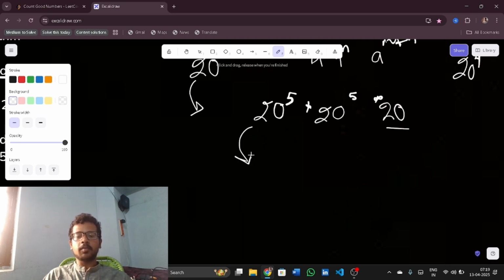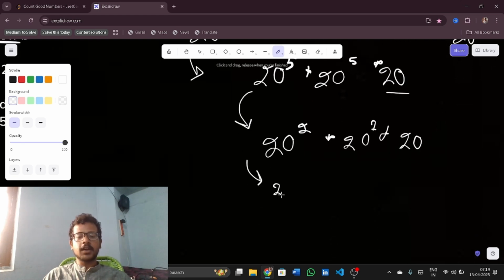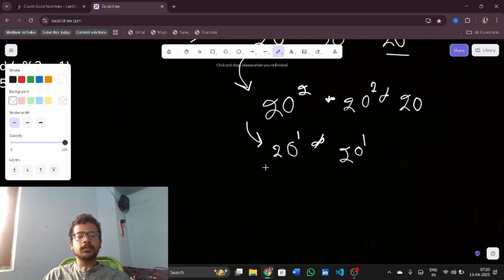Now we have 20 power 5. How can we write this 20 power 5? I can write 20 power 5 as 20 power 2 into 20 power 2 into 20. Now how can I write this 20 power 2? I can write 20 power 2 as 20 into 20, that is 20 power 1 into 20 power 1, if you observe carefully.